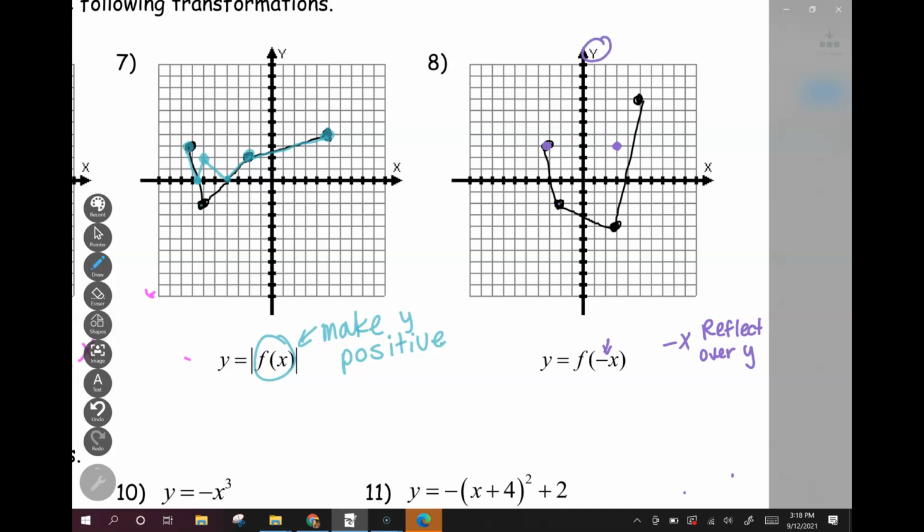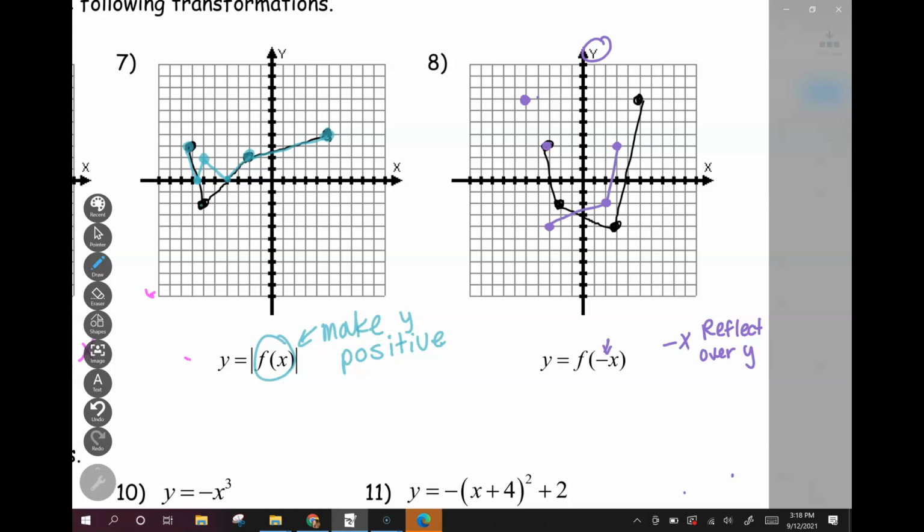Okay, and if I take my next point, the x value is -2, that becomes +2. Here it's 3, so that becomes -3. And here it is 1, 2, 3, 4, 5, so that's going to become -5.